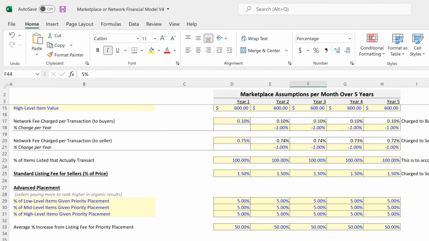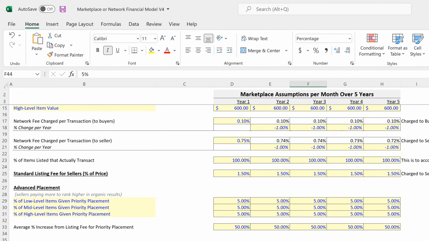And you could change that if you think it's going to get better or worse over time. Fee revenue is a function of transactions that happen on a network. And you can see all that stuff going on here. I went over that in more detail on yesterday's stream.